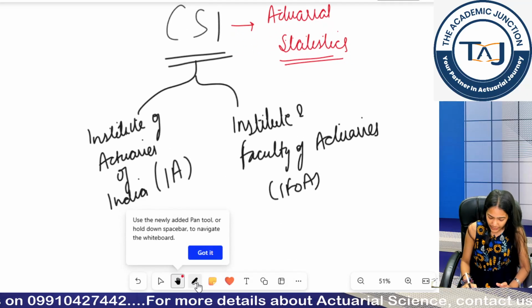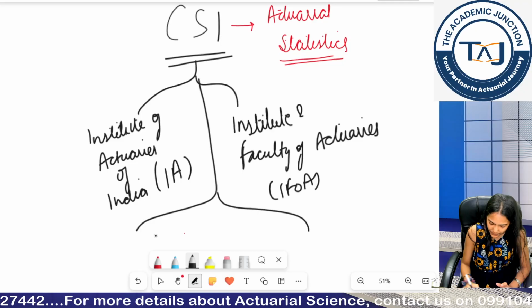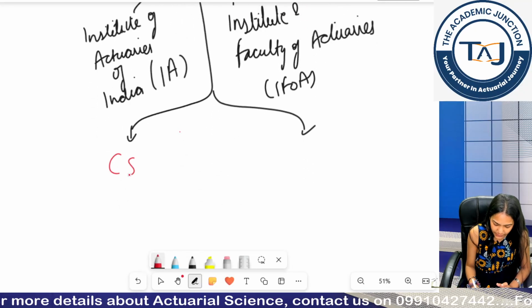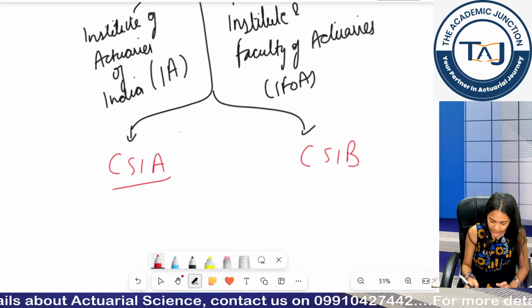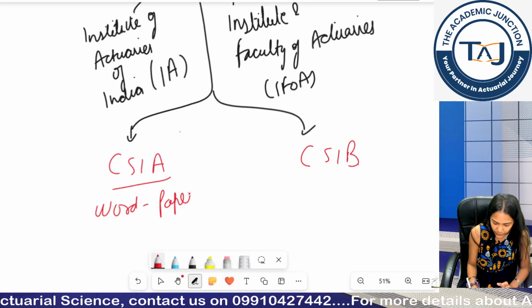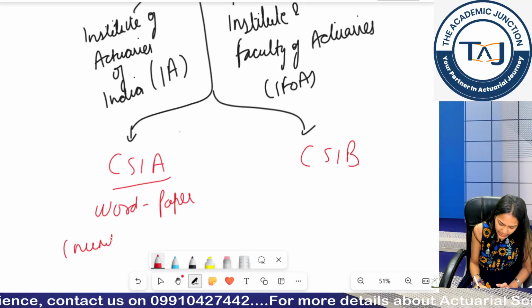Now CS1 is basically made up of two papers: CS1A and CS1B. CS1A is a Word paper, where you have to type your answers in Word. This is a numerical-based theory paper.